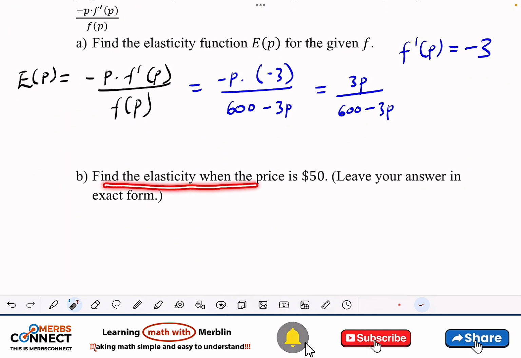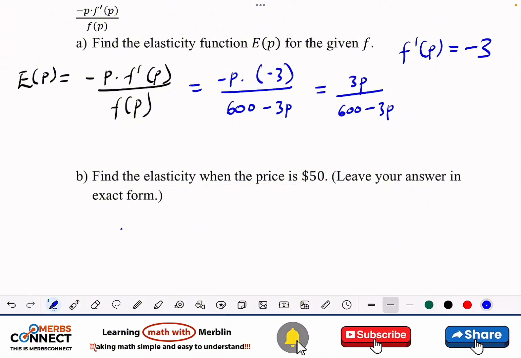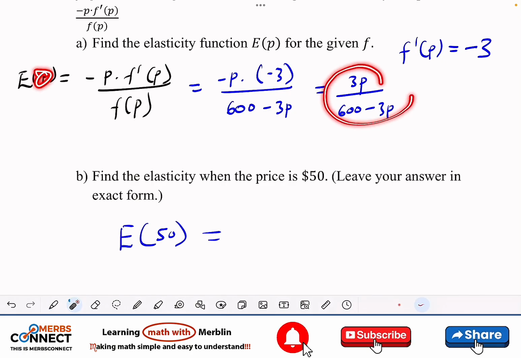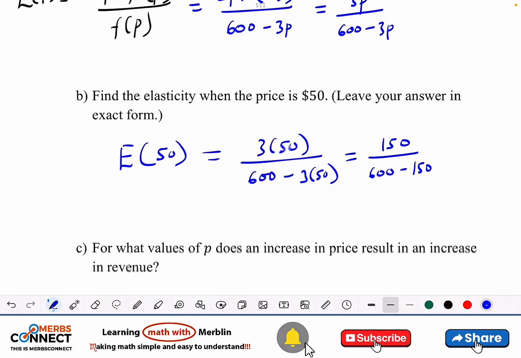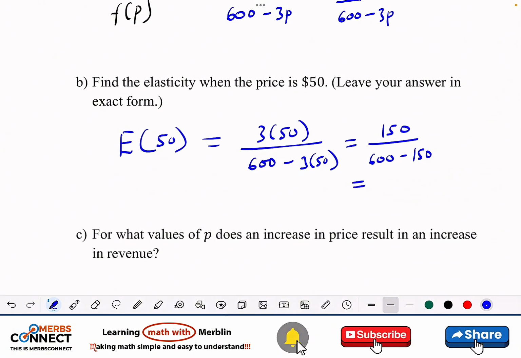Find the elasticity when price is 50. So here we are finding E of 50. Let's plug 50 inside this. We are going to have 3 times 50 divided by 600 minus 3 times 50. So 3 times 50 is going to be 150. 600 minus 150 is 450.